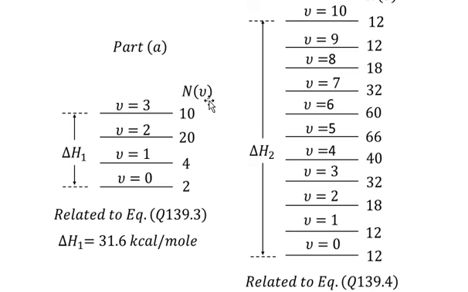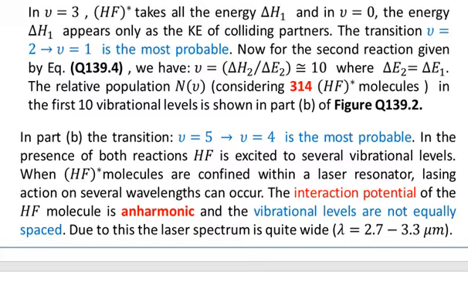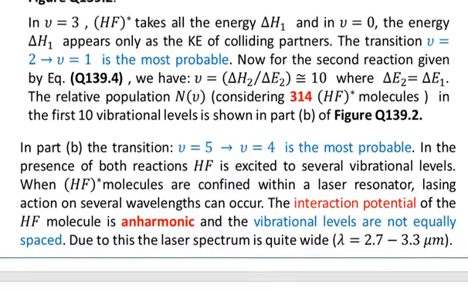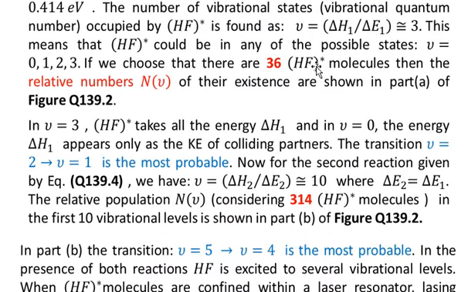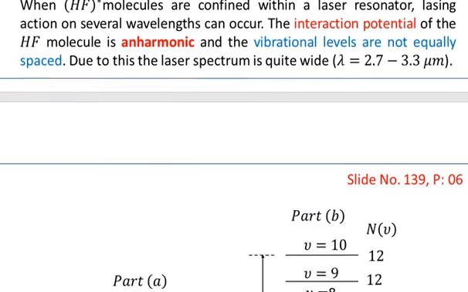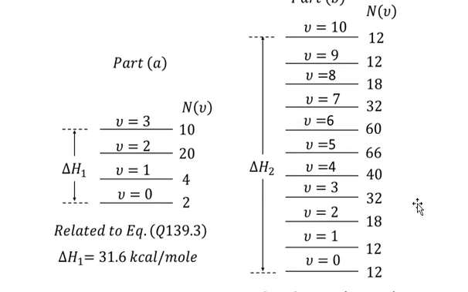And you know that n of V is distributed over here. We have started by assuming that there are 36 hydrogen fluoride excited molecules. If you pump those molecules, these 36 excited molecules will occupy these states in the following way.